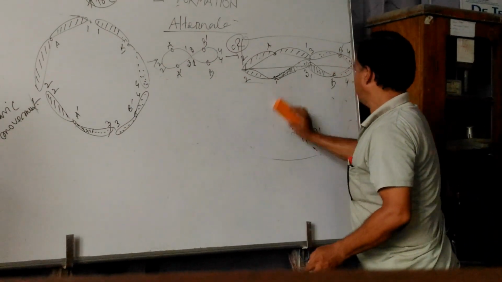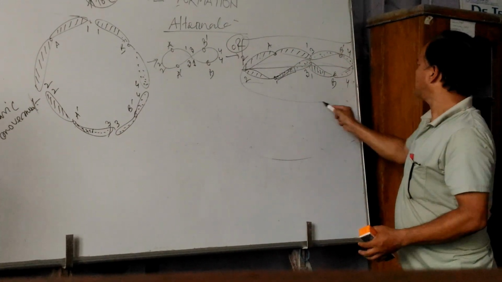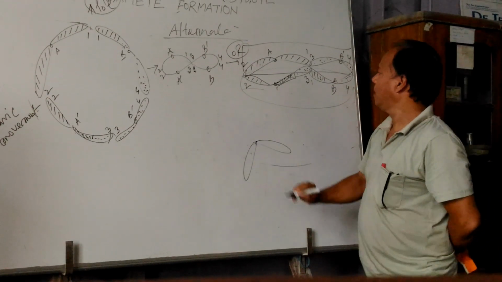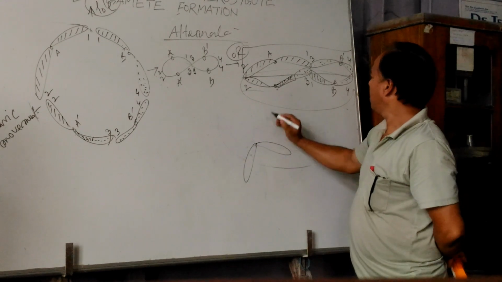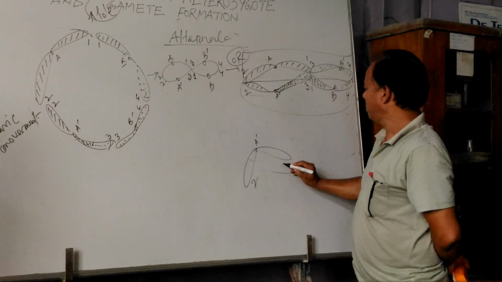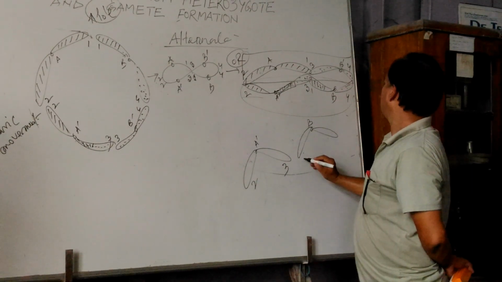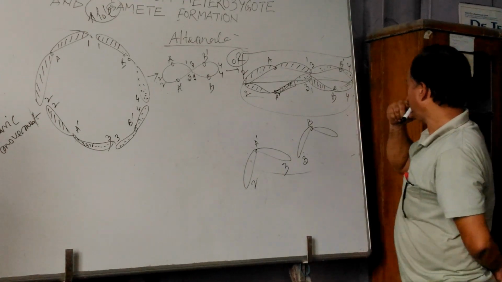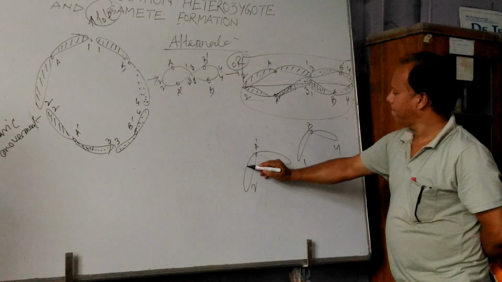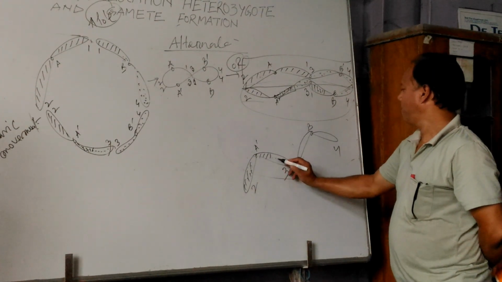Similarly, for the formation of the second gamete, the lower two chromosomes are involved. This one is one chromosome with its respective centromere and genes, second one with its respective centromere and genes, where all the genes, that is 1, 2, 3, 4, are present.